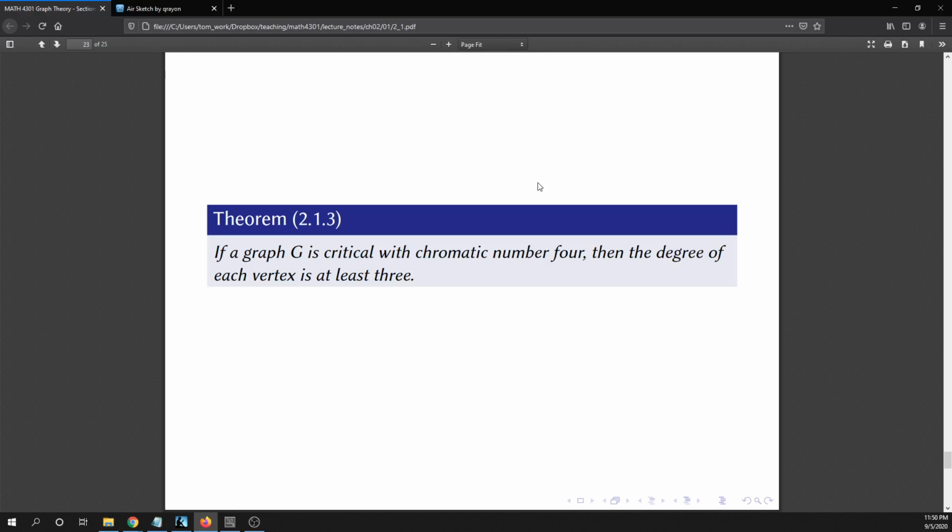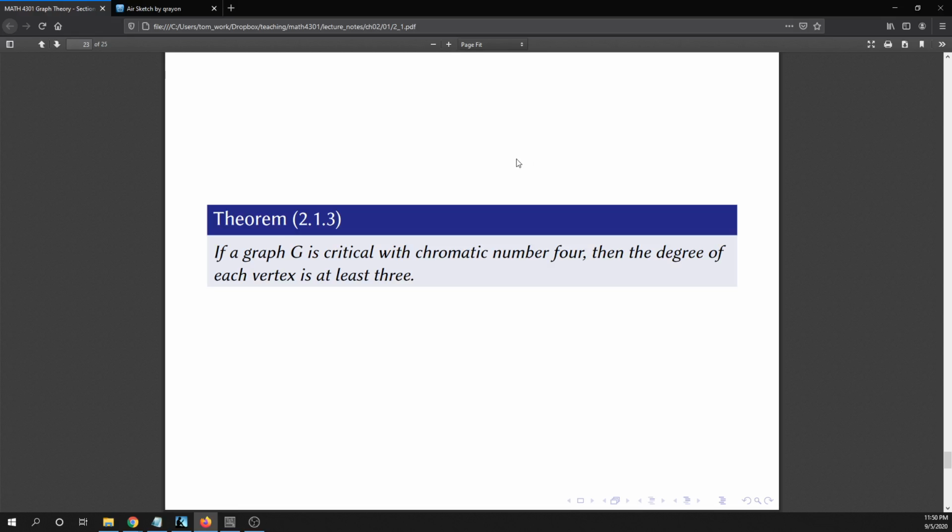The degree of each vertex is at least 3, so you can't have any end vertices or isolated vertices in there. We already know that because a critical graph is connected. So the degrees have to be high for the vertices in the critical graph.